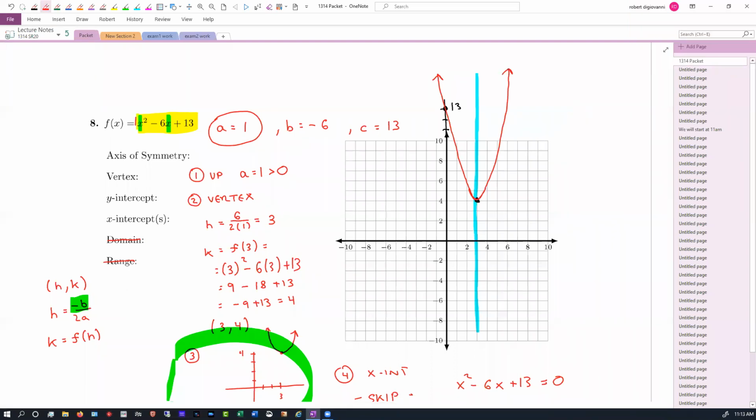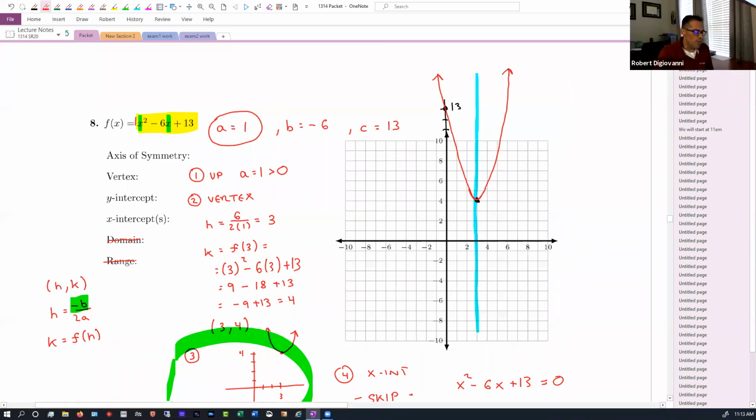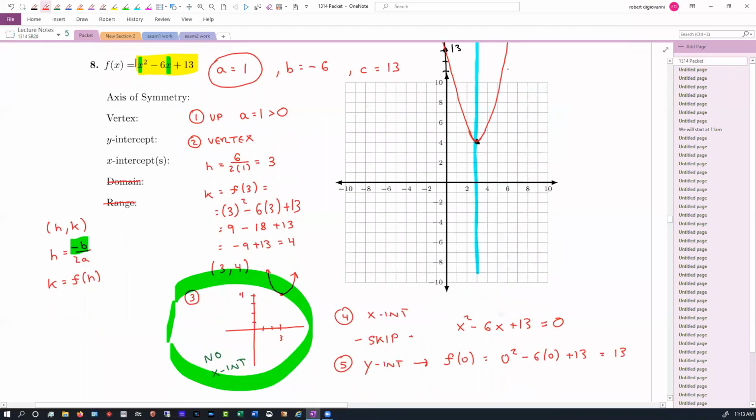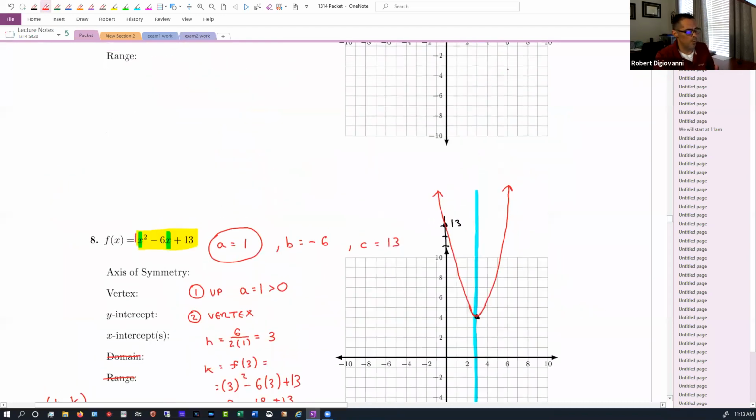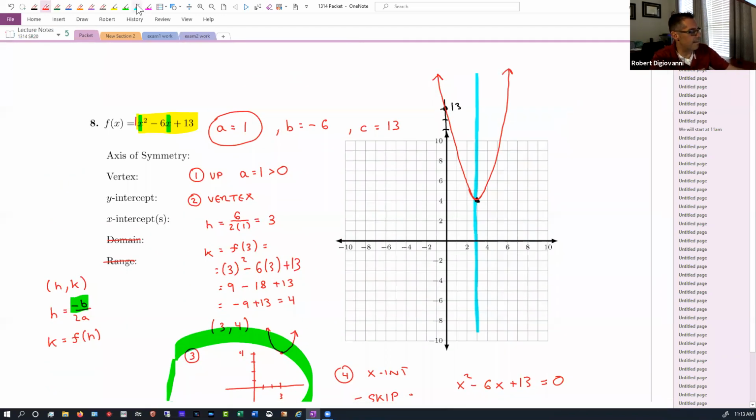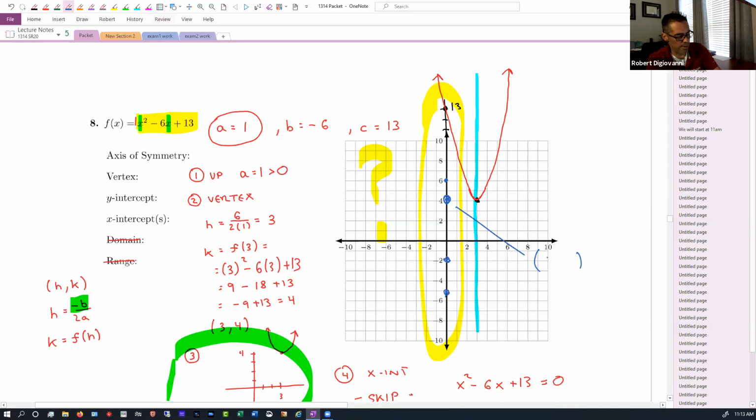So the reason why you put 0 in step 5 is because there's no x-intercept? Is that why? The reason I put 0 where? In step 5? No, you always put 0 in to find the y-intercept. Because what we're asking ourselves is where does the graph hit the y-axis, right? That's the question. Where does it hit the y-axis? Well, any point that's on the y-axis, no matter where it is, if you look at that point, the x-coordinate is 0.